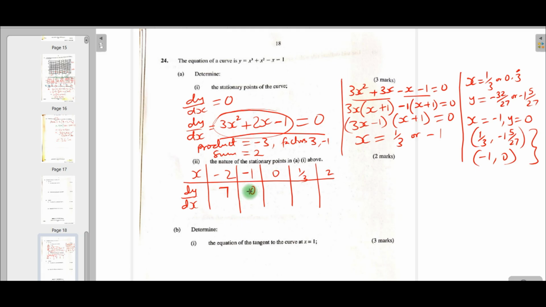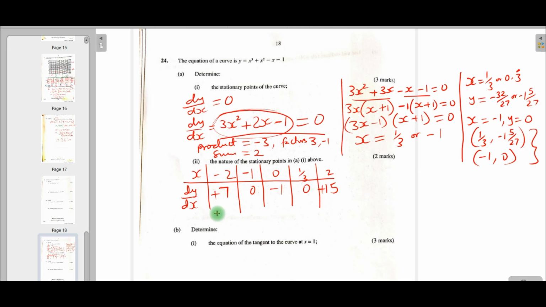When x is 0, the gradient function is -1. When x is a third, the gradient function will be 0. When x is 2, the gradient function is 15. And therefore, the nature of the root here, it is a positive, it is also positive gradient.